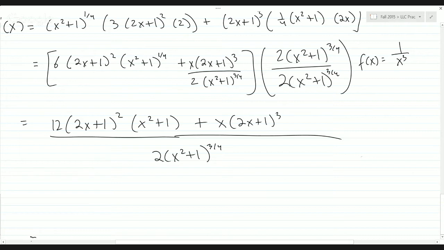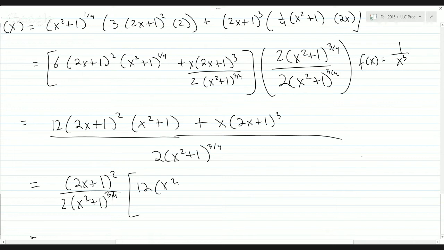All right. We can take out what they have in common, which is (2x+1)^2 over 2 times (x^2+1)^(3/4). And the remaining we have 12 times (x^2+1) plus x times (2x+1).